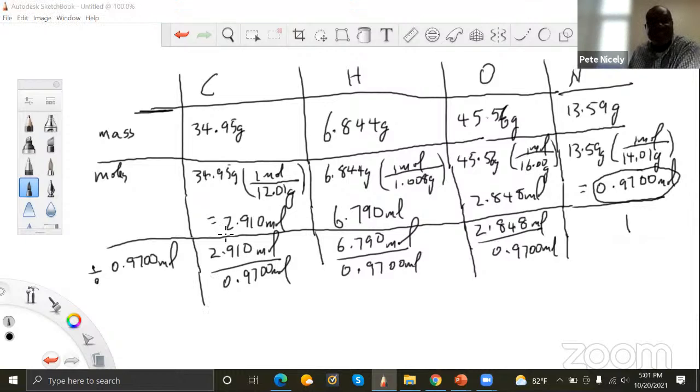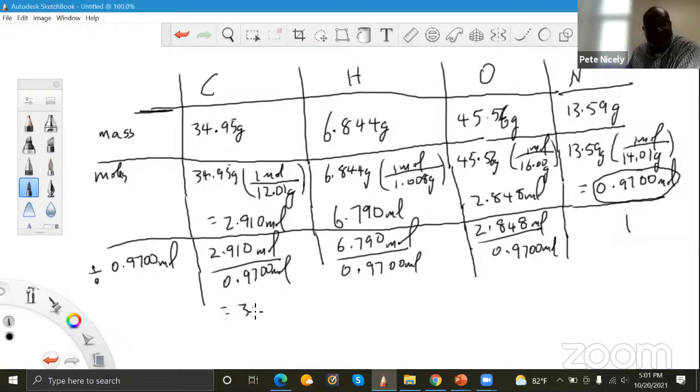Okay, so let's see what we get as a result of this. Let me move this up here. So 2.910 divided by 0.9700. Okay, so this gives me 3 exactly, but I'll round it off to 3.000, 4 sig figs. Let me do that again just to be sure. Okay, and then for the next one, 6.790 divided by 0.970. Oh, that gives you exactly 7. So 7.000.